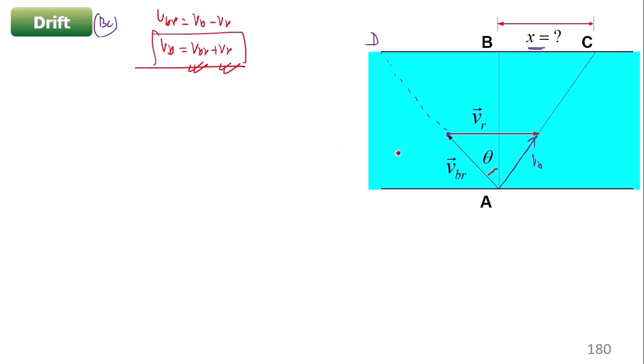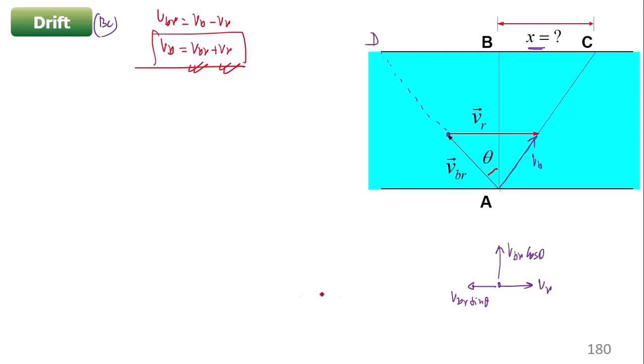Now, first of all, you have to resolve the components. So at point A, if I make the components of VBR, VBR has one component, that is VBR cos theta in the vertical direction, and in this direction there is VR. Opposite to that there is VBR sin theta.